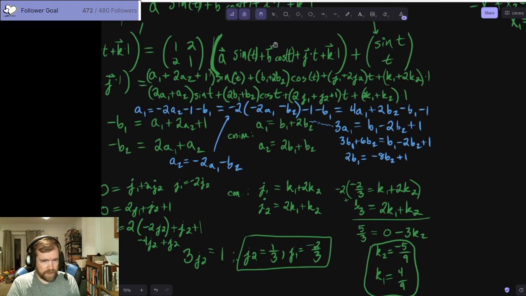Alright, next equation. Let's move everything to the right near the A's. So A1 is 2, A2 is 1, B1 is 0, and B2 when we move it over equals 0 because there's no constant.